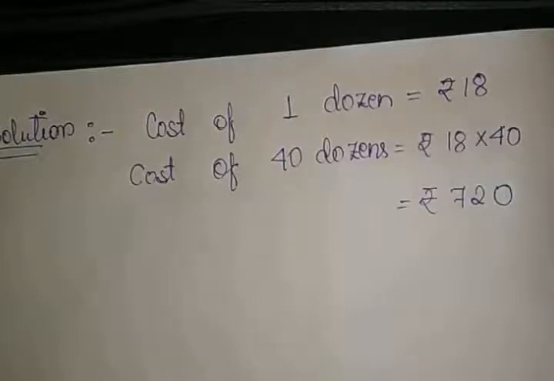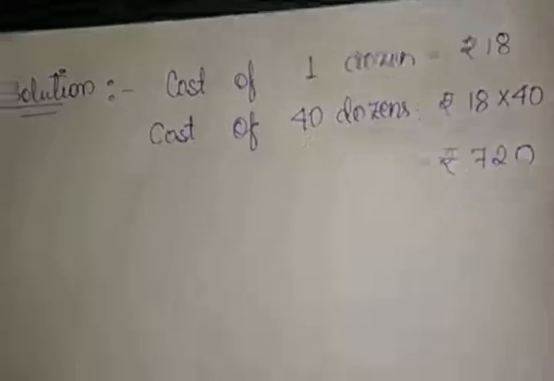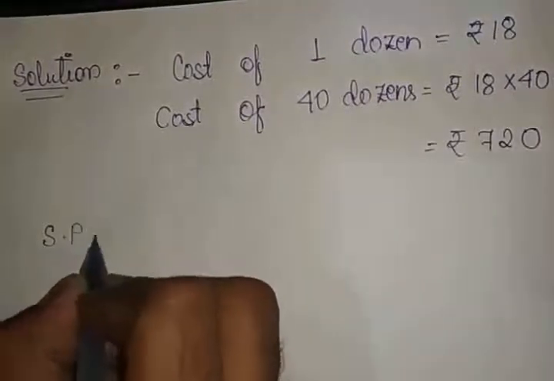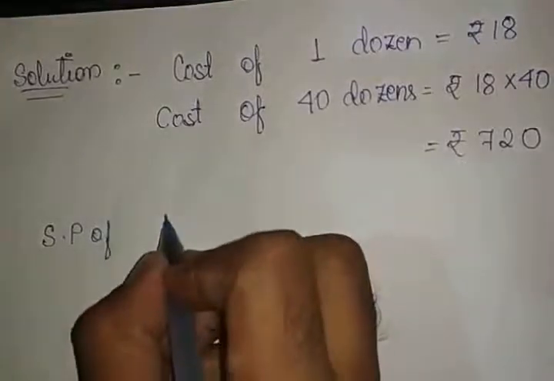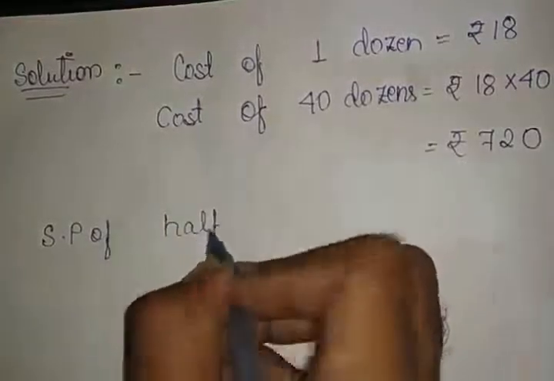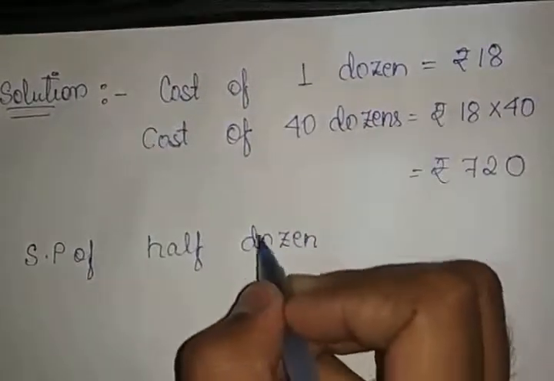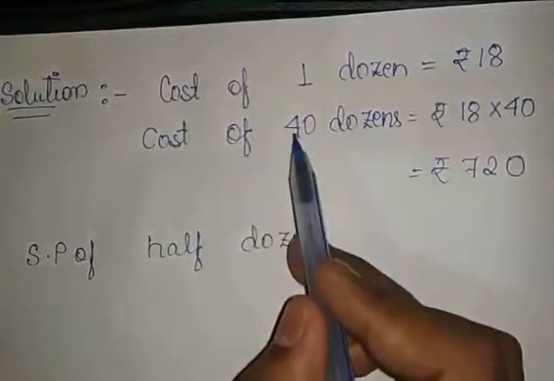Then after that he said that half of them were sold at rupees 2 per orange. Then the selling price of half dozen. Now how many dozen has he bought? He bought 40 dozens.